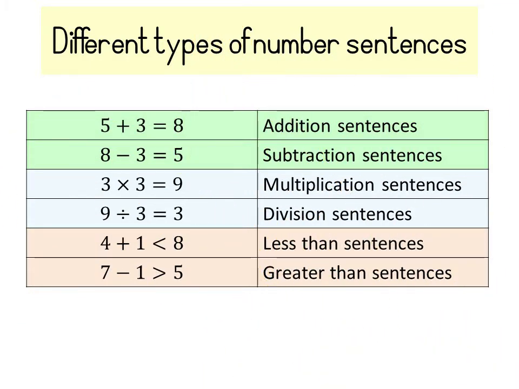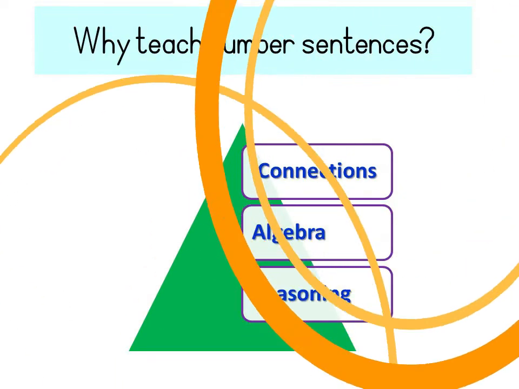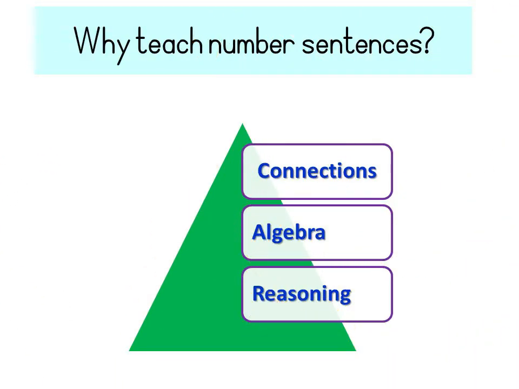Number sentences do not only have to be equal sentences, they can also be less than and greater than sentences. And number sentences can require solving algebraic problems as well as fraction problems. Number sentence is a term used by teachers in the United States, Britain, New Zealand, Australia and South Africa.